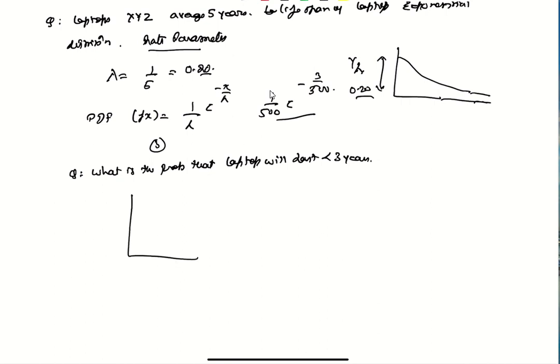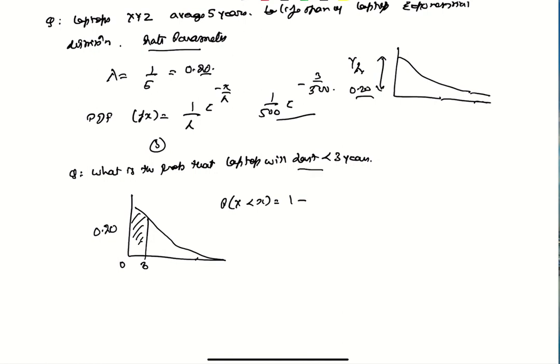So now you see this thing here, and we have this as 0.20, and it is from 0 to 3, and we need to calculate the area to the left of 3. So the probability of x being less than 3 is going to be 1 minus. All you will do here is to integrate.